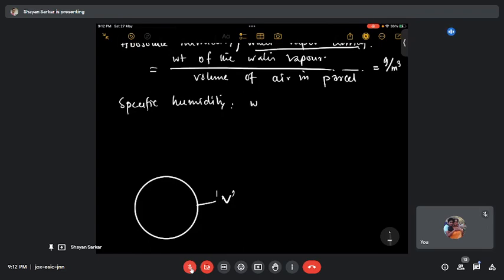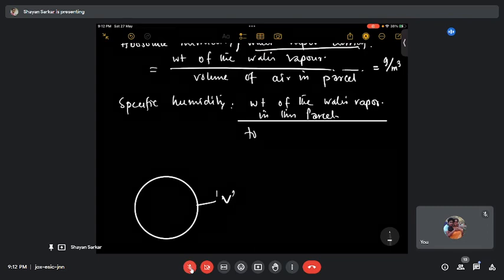The second is specific humidity. Specific humidity is the weight of the water vapor in this parcel to the total weight of all the air in the parcel including the vapor.